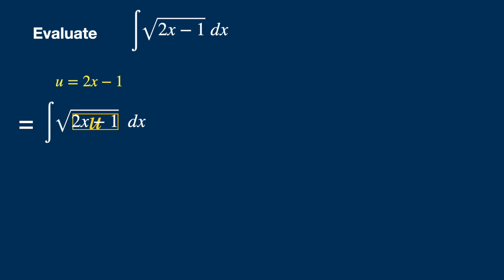After you find u, what is du going to be? du is going to be 2dx. Here is a very tricky part: you cannot see a 2 right there, only dx. So we have to find dx by dividing both sides by 2, giving 1 over 2 du. So dx is going to be replaced with 1 over 2 du.